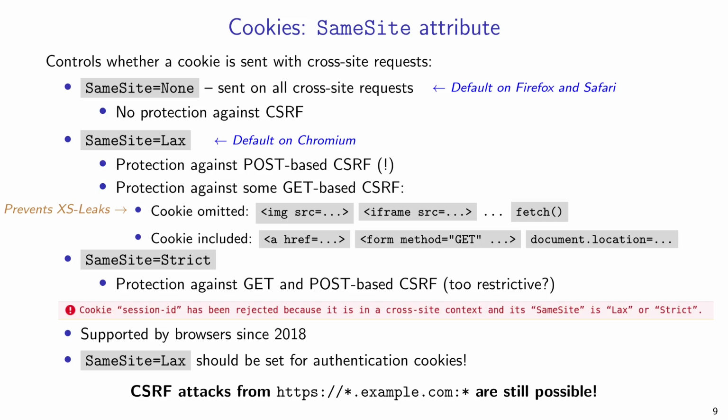This means that if any website belonging to the same root domain is compromised, or even if it just has an XSS vulnerability, then this can be used to execute CSRF attacks bypassing these SameSite cookie restrictions. And this is the biggest issue why SameSite cookies do not work as a complete solution against CSRF, unfortunately. Therefore, this SameSite attribute should be applied just as an additional countermeasure against CSRF.